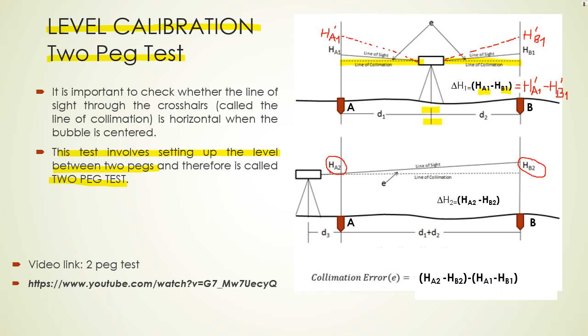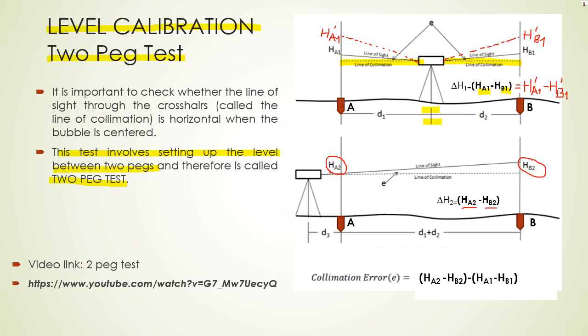The height difference equals HA2 minus HB2. Because point A and point B are fixed, there should be the same height difference between point A and point B, despite you move the instrument from between over here to out of point A.